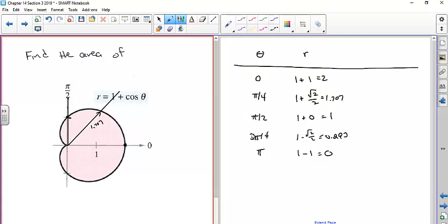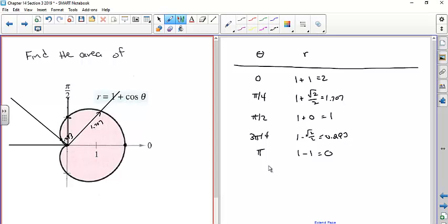And then at 3 pi over 4, which is going to be this direction, you get this distance is 0.293. And when theta equals pi, which is there, you get 0.